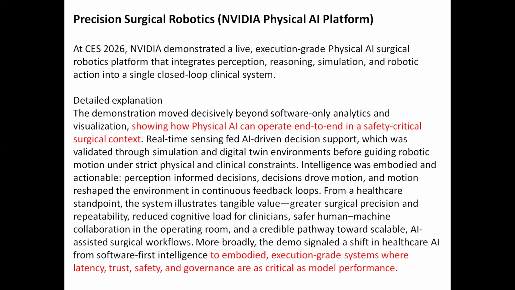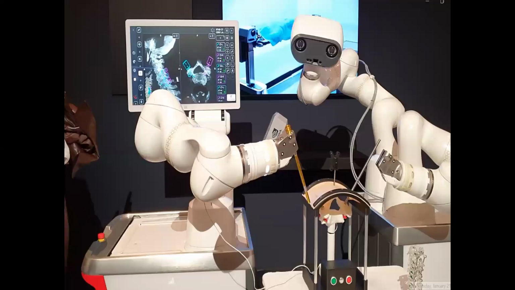I think it will keep going, with good progress mostly led by big companies that have the capability to handle these technical and regulatory things. This is what I took from CES, where they provided a live demo of precision surgical robotics utilizing physical AI.